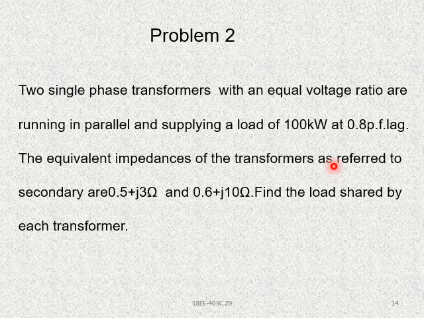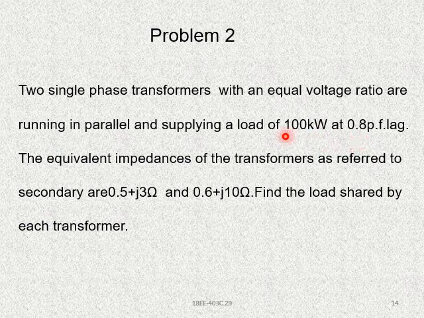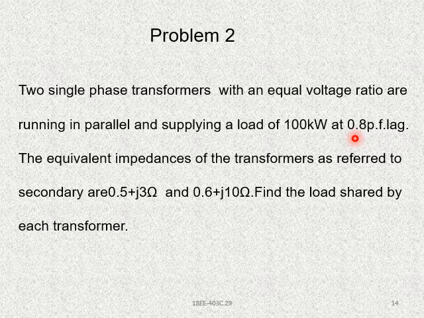Firstly we need to find total S. We have kW and power factor, and if we just divide 100 kW by 0.8, we'll get kVA. No, I think it's multiplying. Then we have ZA and ZB as usual. So it is a very simple problem.